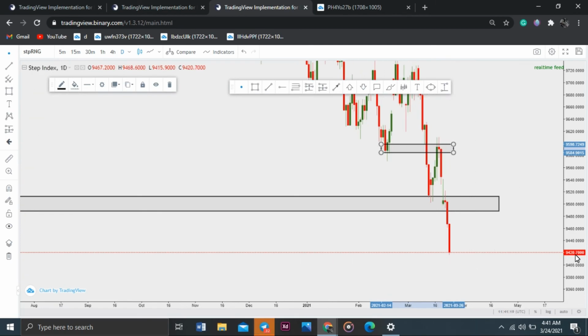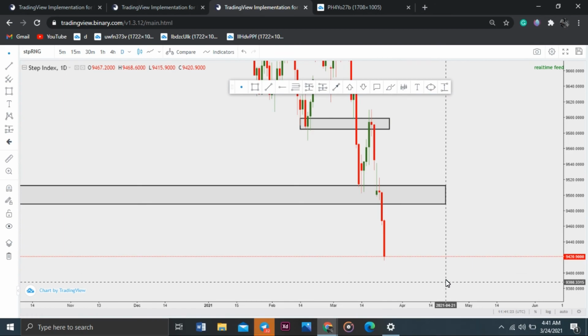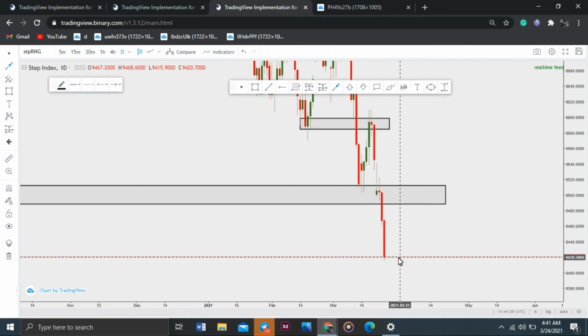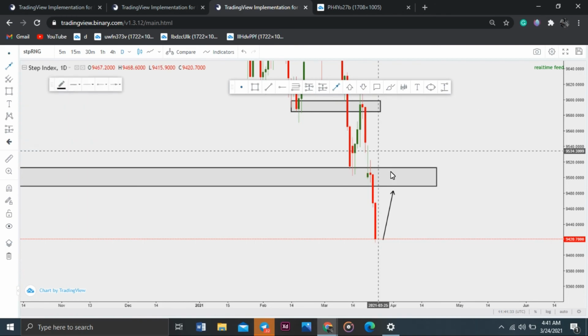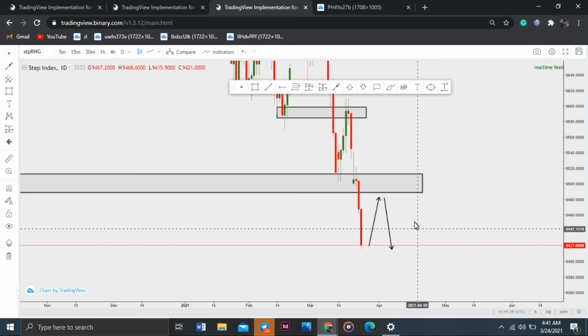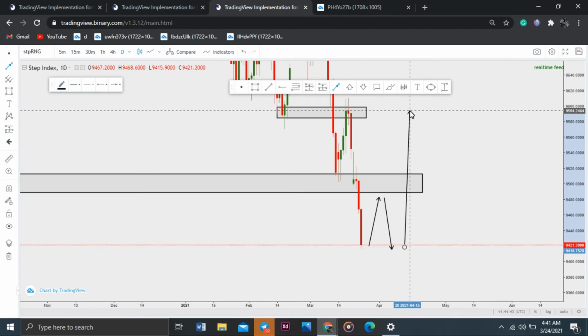So from here we're expecting some kind of retracement. Impulse, retracement, impulse, or impulse, correction, impulse, any that you feel good saying. So we expect some kind of retracement, then a continuation to the downside, or price will just come here to form a double bottom and explode back to change the trend.